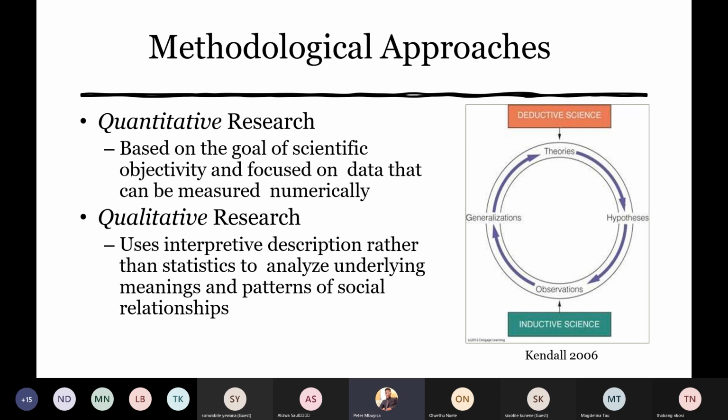Can you give the difference between quantitative and qualitative in your views, guys? I know it's the same thing, but I'm pretty sure you have an understanding of it. Can the people mentioned please unmute and speak?